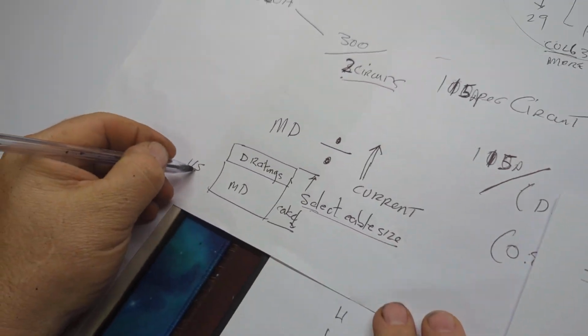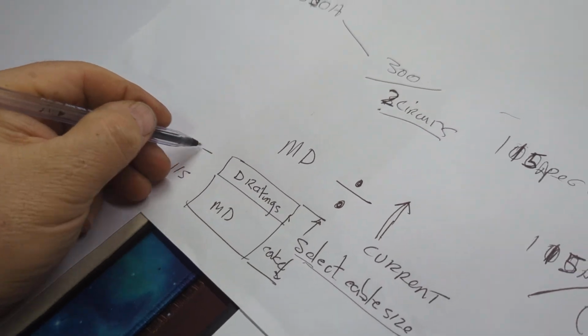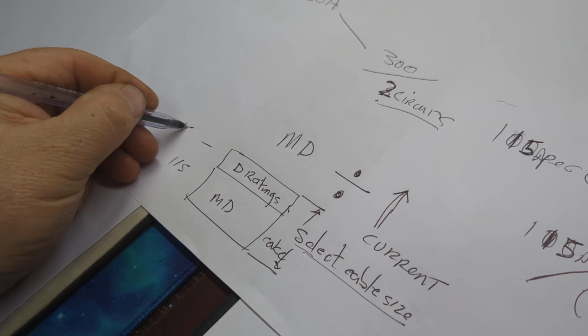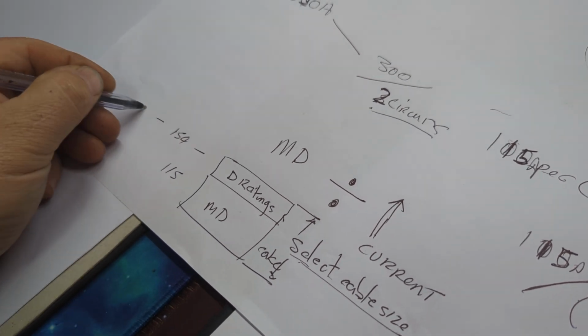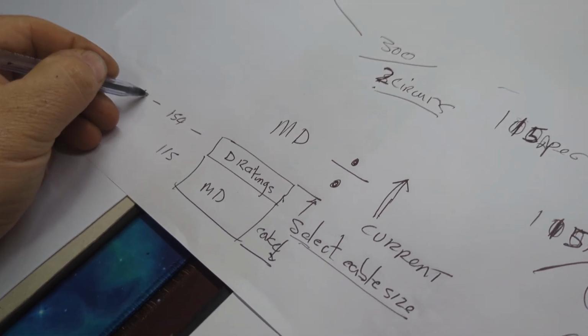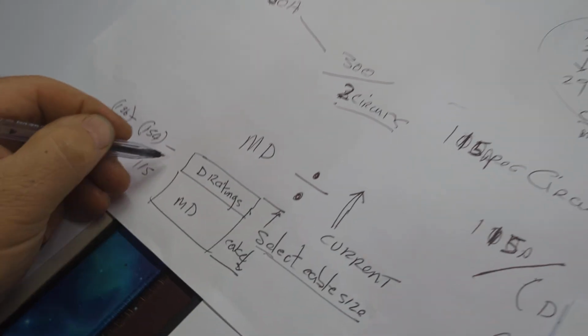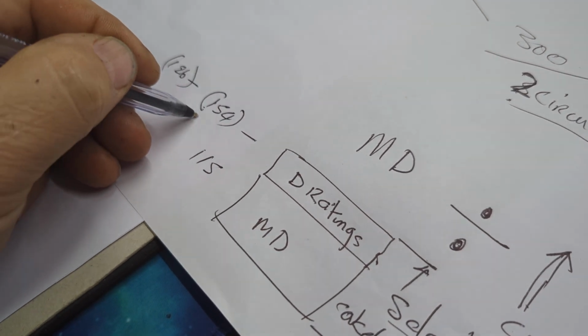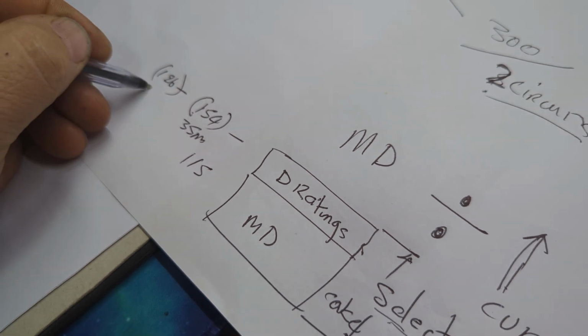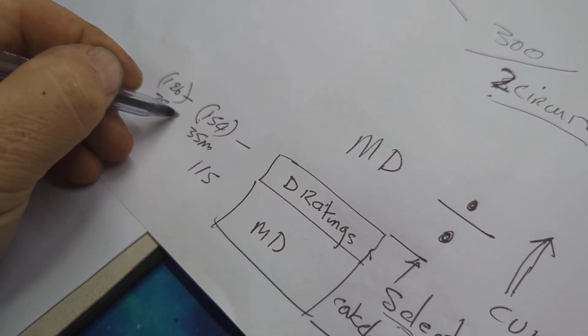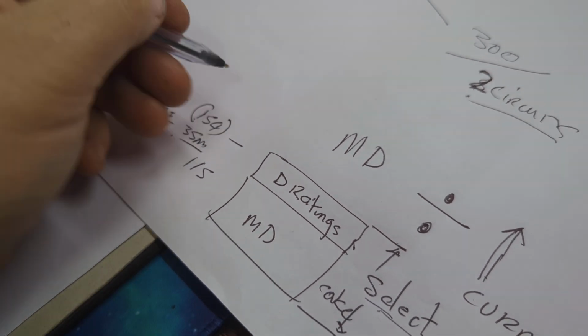I had 115 amps. Added my deratings. One came out to 154 and the other one was 126. So for the two different sizes, we've got two different size cables. One here we've got 35 mil squared. This one here we've got 25 mil squared. So that's the difference spacing the cables.